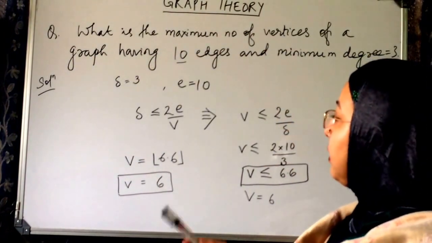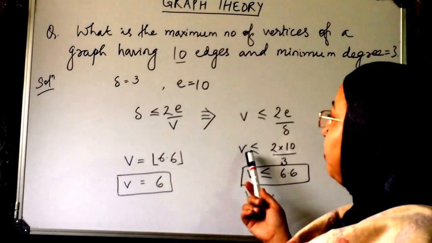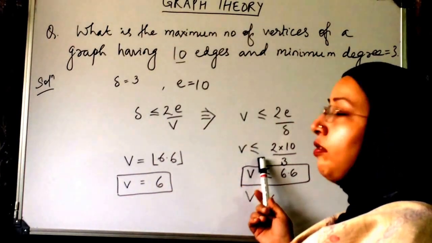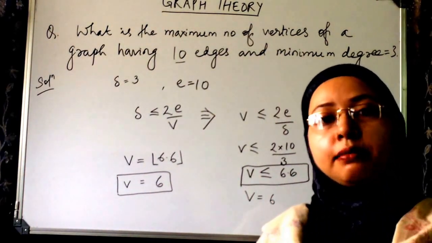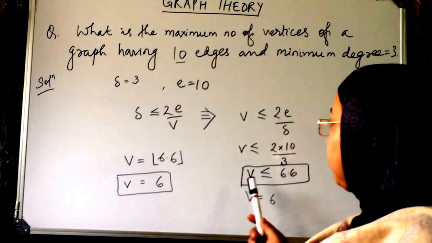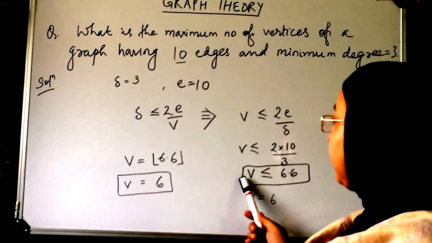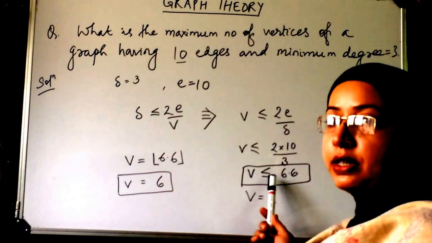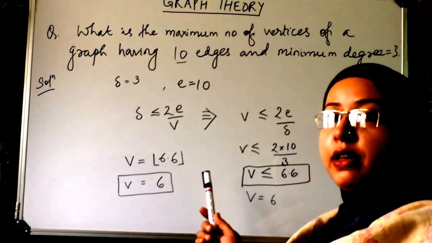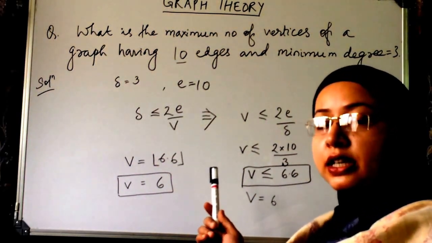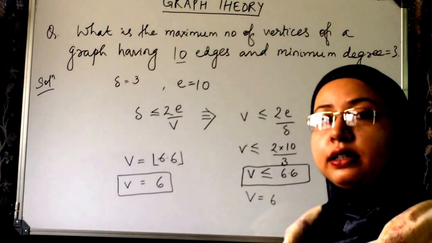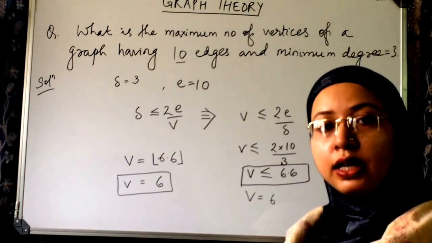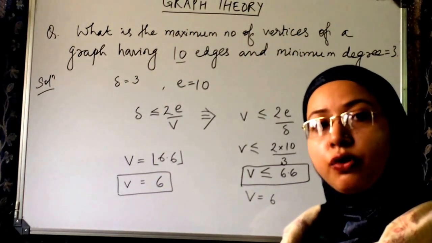Always remember that when it is given that less than or equal to, we can find the maximum value of that variable. Here it is written that v is less than or equal to 6.6. It means v cannot be more than 6.6, and we have to find its integer value only. Therefore we will take its floor.